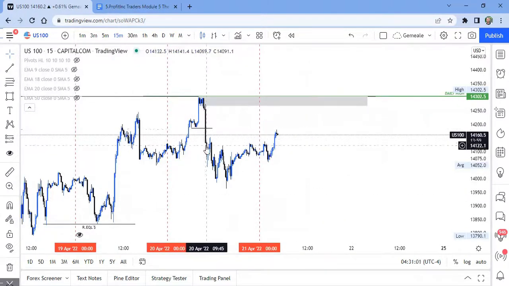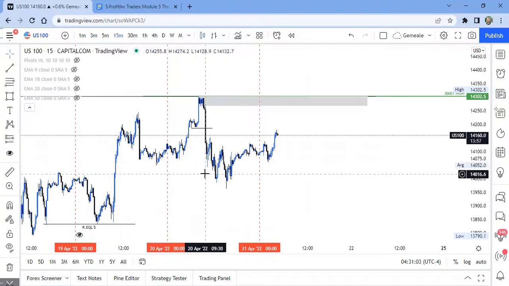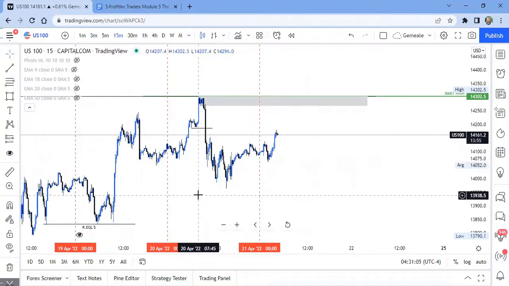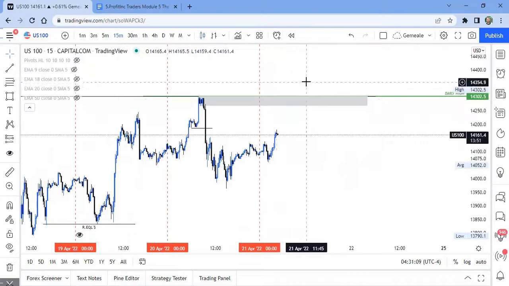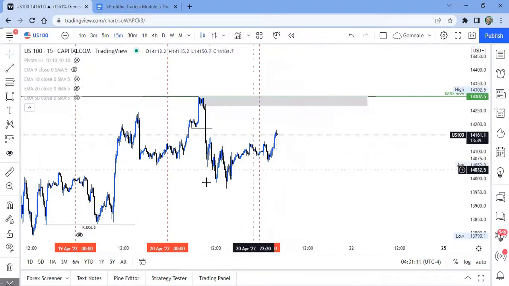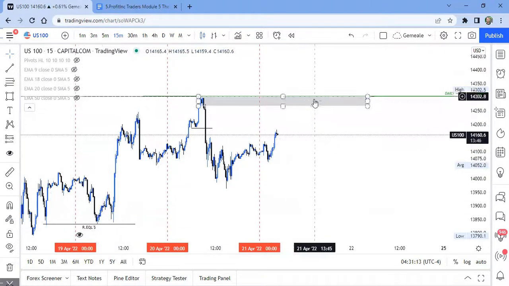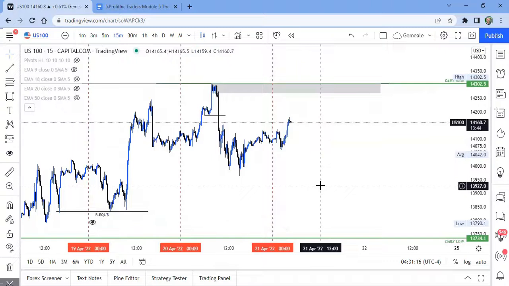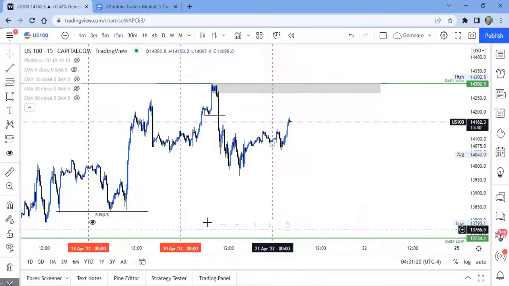And we also have a price imbalance here. So a lot of factors are contributing to our trade idea that we're going to reach up here, break, have a shift in market structure, and then attack these lows. So we're looking for selling opportunities, but we want to have a shift in market structure to confirm our entry.